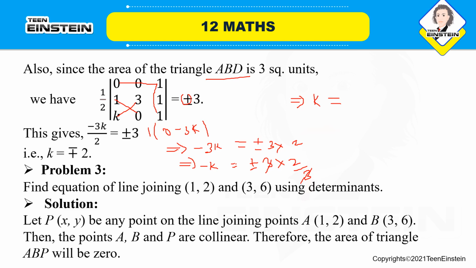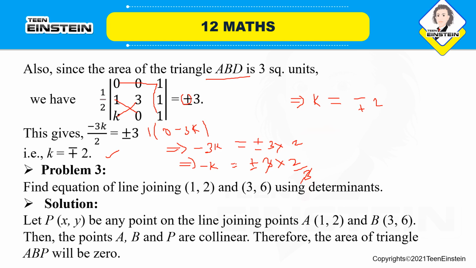If you multiply this by minus, then it becomes minus or plus k equal to minus or plus 2. So we are getting two different values for k, minus 2 and plus 2. Right?